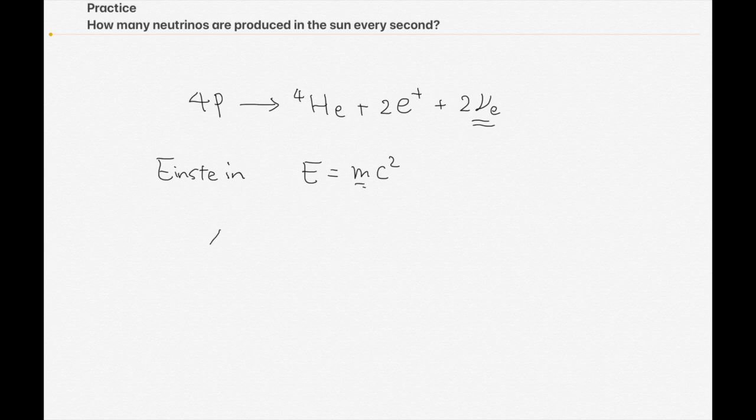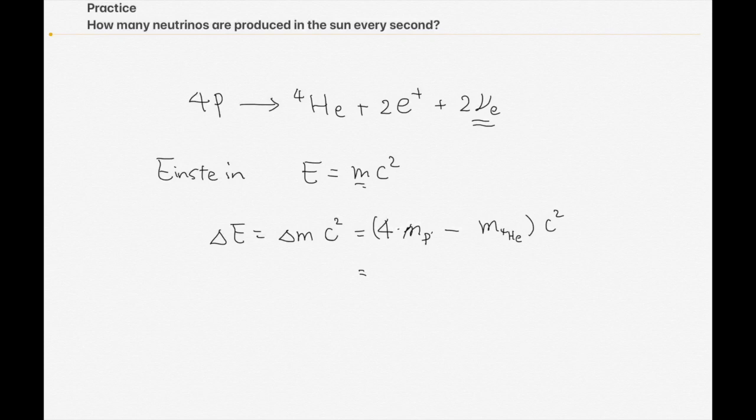So the energy is the mass difference times c squared, which means 4 times the mass of a proton minus the mass of helium-4, multiplied by c squared. You can calculate this and find the energy generated by the pp chain.